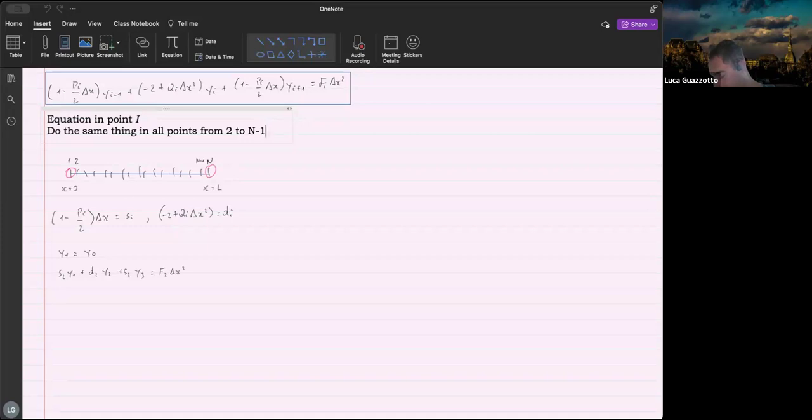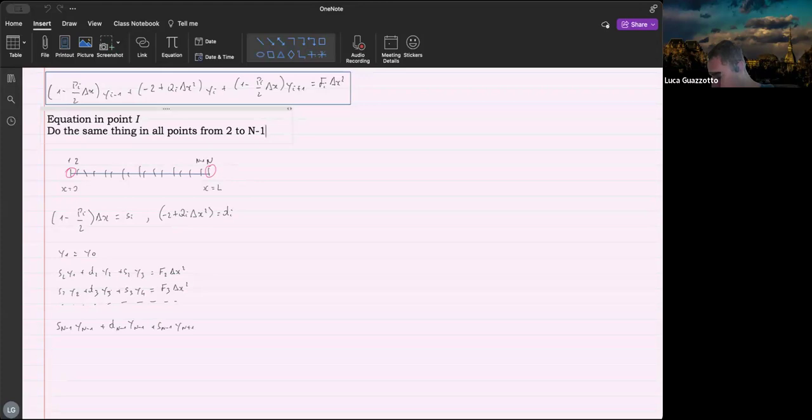and then it goes this way as S3 times y2 plus d3 times y3 plus s3 y4 is equal to f3 delta x squared, and this keeps going until I get to s n minus 2, and minus 1... sorry, using uppercase, n minus 1, y n minus 2 plus d n minus 1 times y n minus 1 plus s n minus 1 times y n.